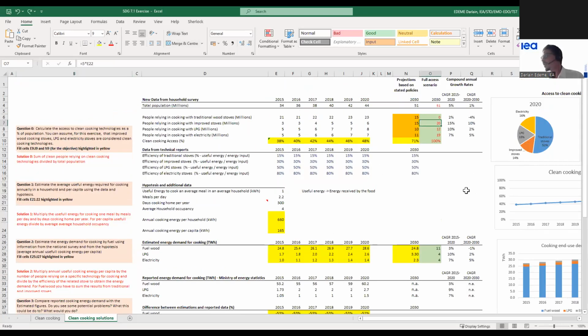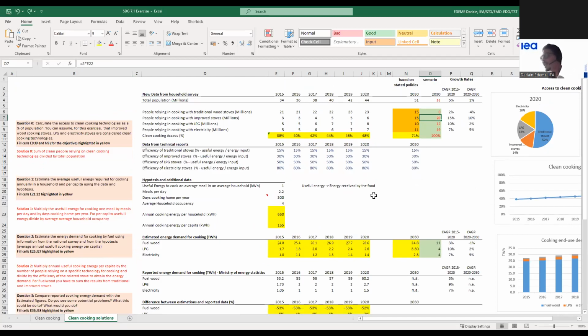So you can go here and you will see, taking into account that there are 4 people for each household, you multiply 4 people per household by 5 million stoves, 1 per household, and you find out that approximately 20 million people will be relying, or are expected to be relying, on improved cookstoves.